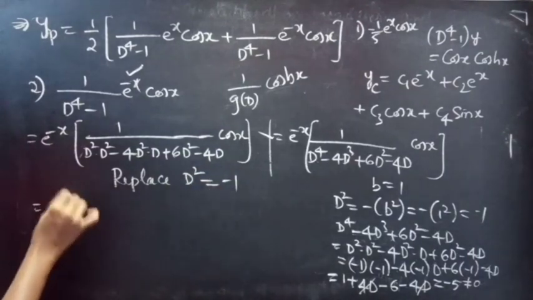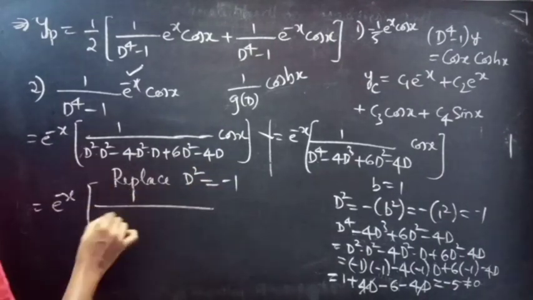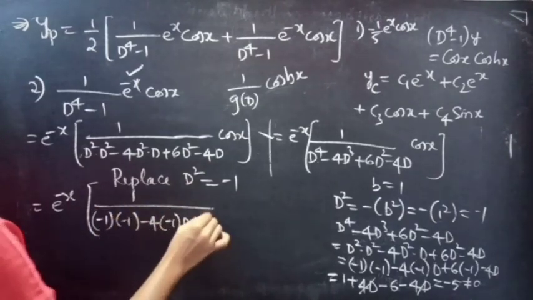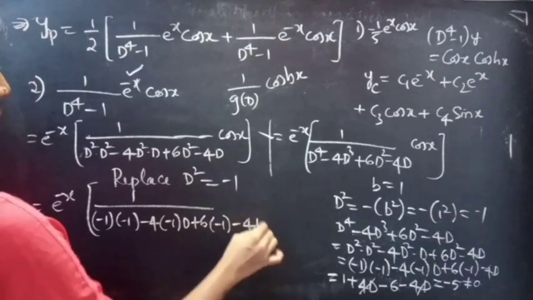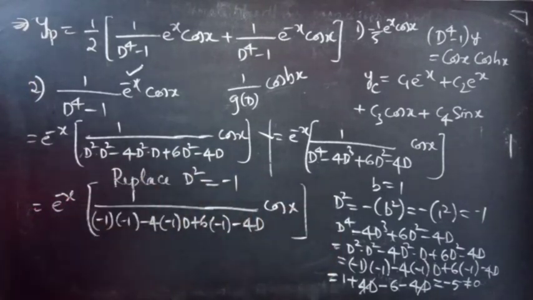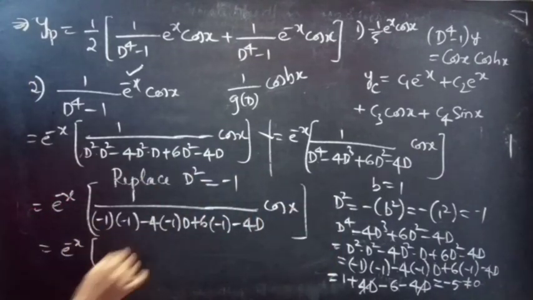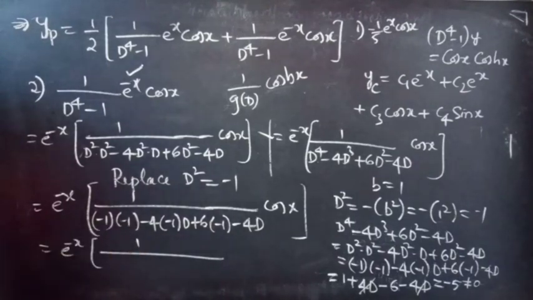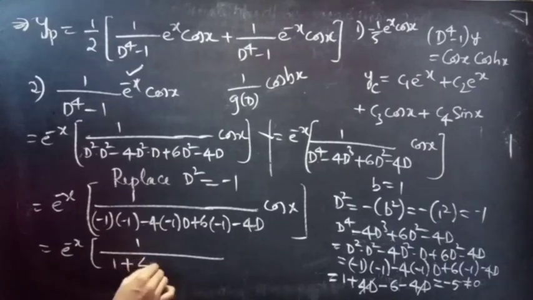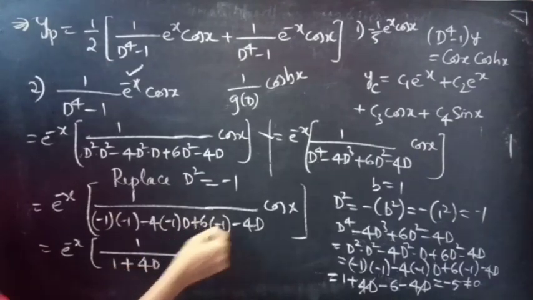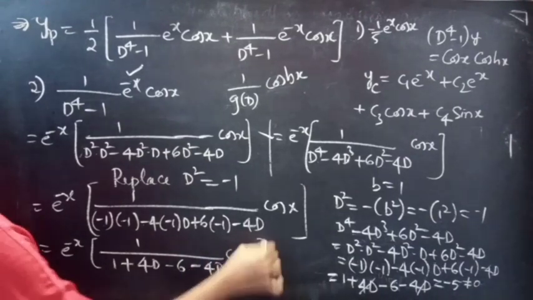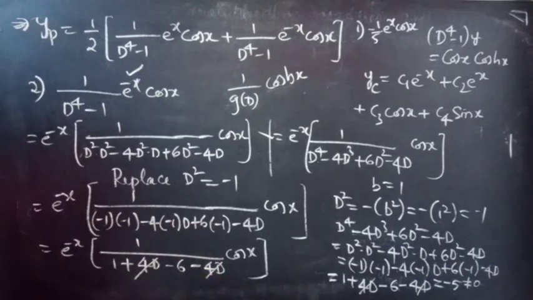We'll get e power minus x into 1 by minus 1 into minus 1, minus 4 into minus 1 into d, plus 6 into minus 1, minus 4d, into cos x. We just replace d square by minus 1 here. This equals e power minus x into 1 by minus 1 into minus 1 is plus 1, minus 4 into minus 1 is plus 4d, plus 6 into minus 1 is minus 6, minus 4d, into cos x. Here plus 4d minus 4d gets cancelled.